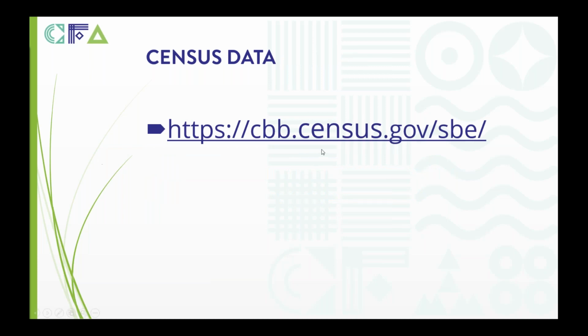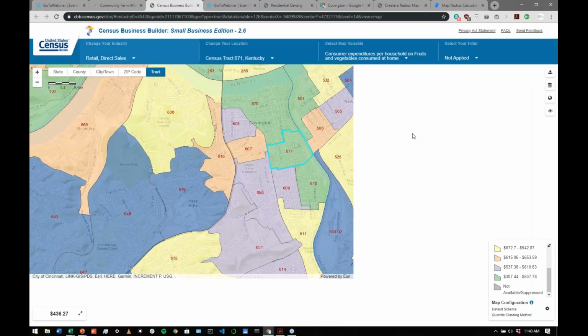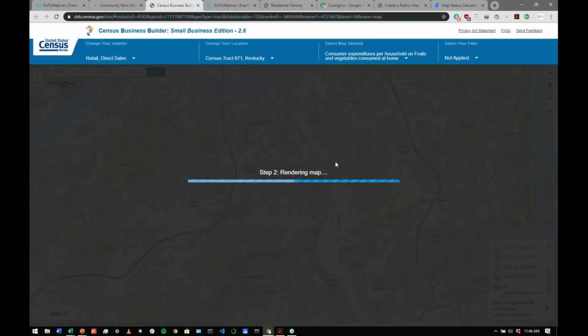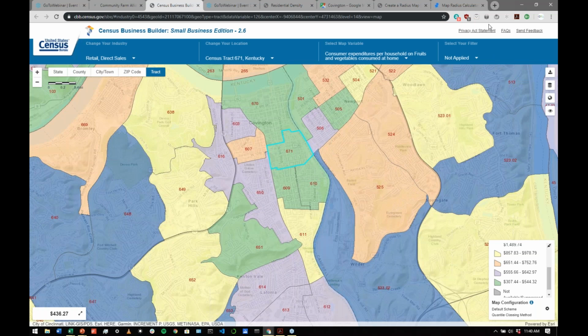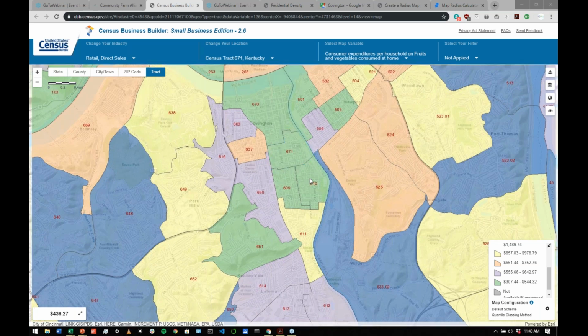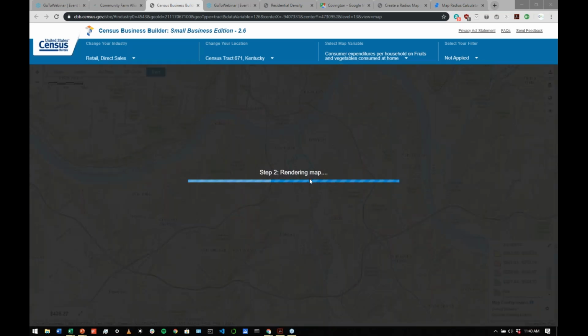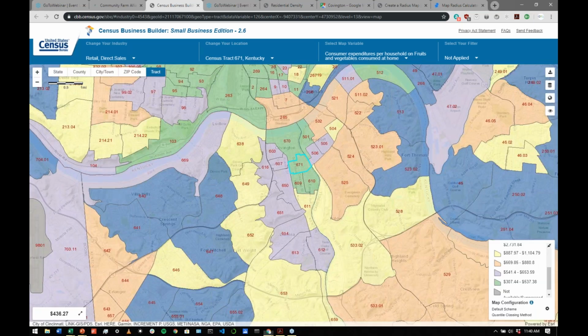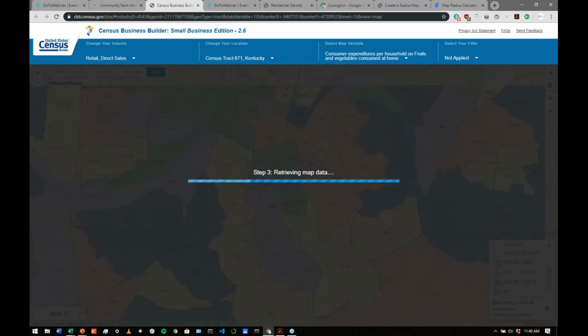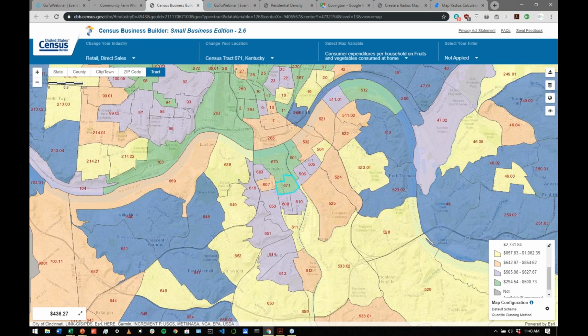Next thing is actually really awesome, but it takes a long time to load, so I'm just going to drag it over here. This is an exceptionally useful tool: census data. It is 10 years old, and the new data should be available next year, assuming there aren't a frustrating amount of delays associated with some of the politics.